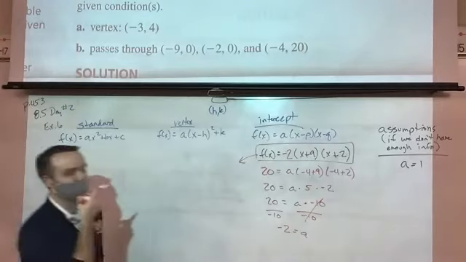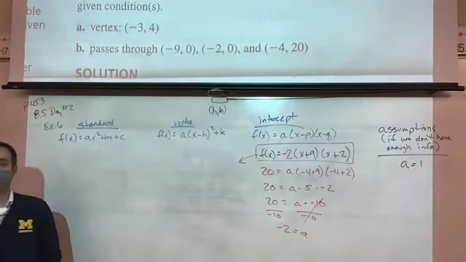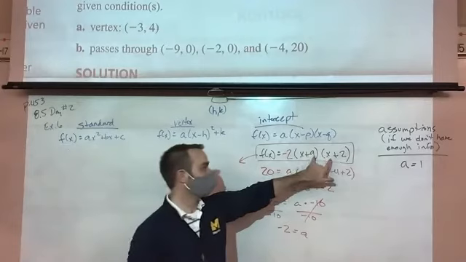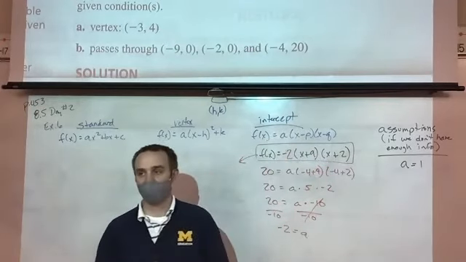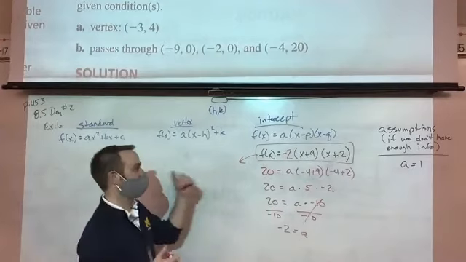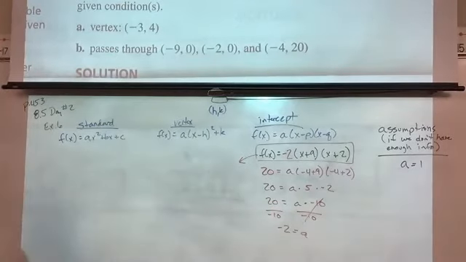I just need to get that into standard form. Meaning I need to FOIL, just like we did before. We gotta FOIL and then distribute the -2 into everything. Why don't you go ahead and do that? FOIL and then distribute the -2. Let's see if we can get that standard form.